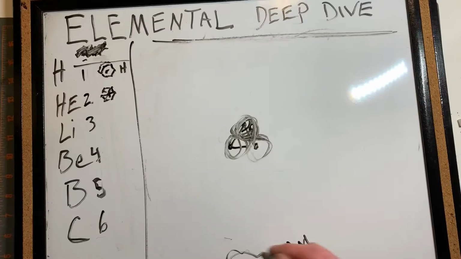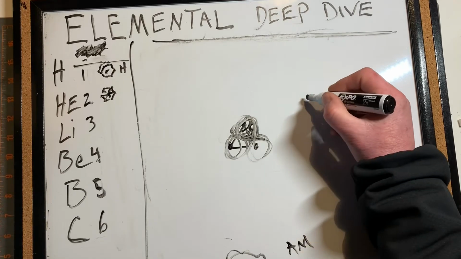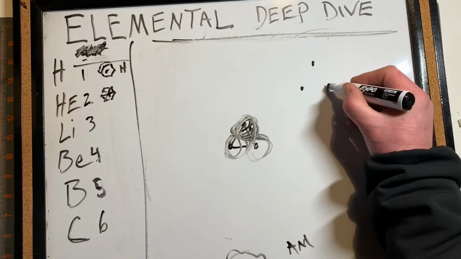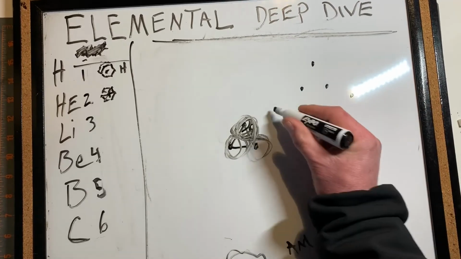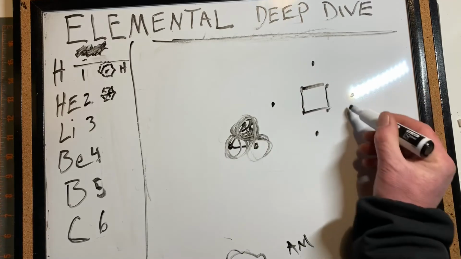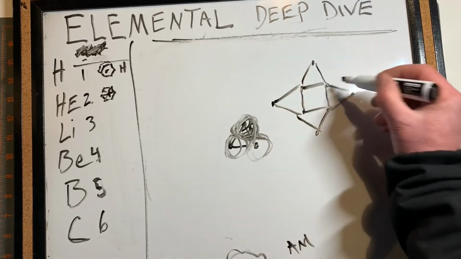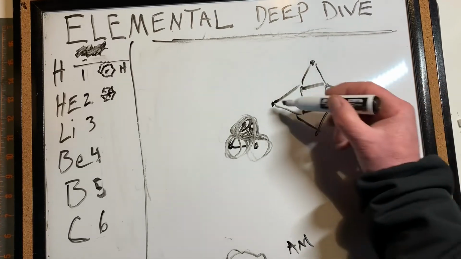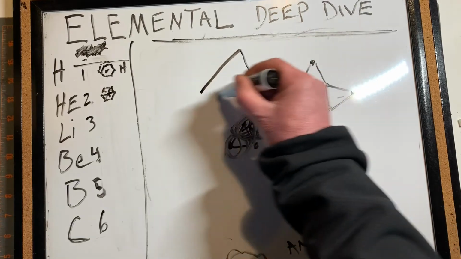These self-organize into kind of a different pattern. So we get a whole bunch of them in a room together, and they self-organize into something like this. Now imagine each one of these points is going to fold inward and form a pyramid.